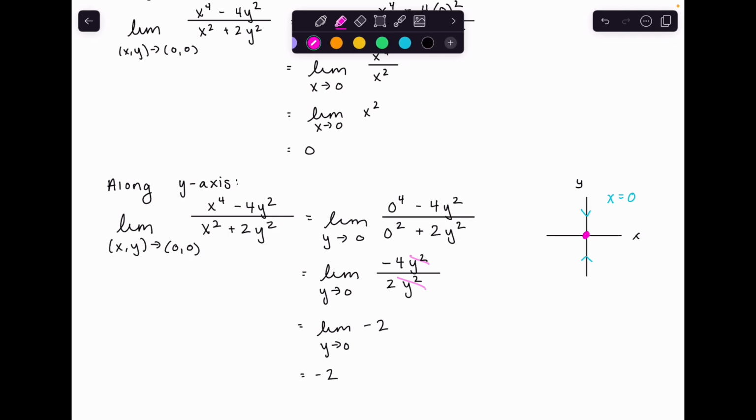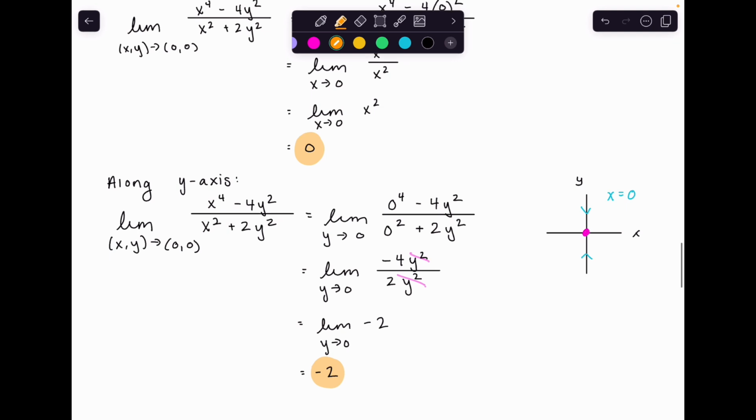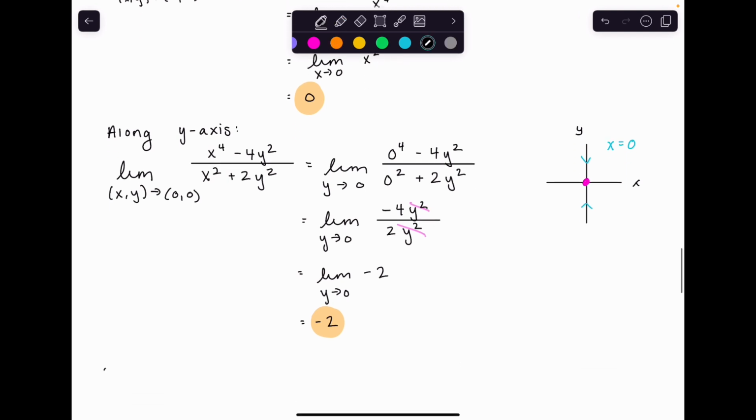So what ended up happening is along one path I got 0, along the other path I got negative 2. If you've had me for calculus, you know I'm a stickler for showing or saying the result you're using to get that conclusion. So here what I need to say is since these two values are not equal, 0 is not the same as negative 2, by the two-path test, this limit does not exist.